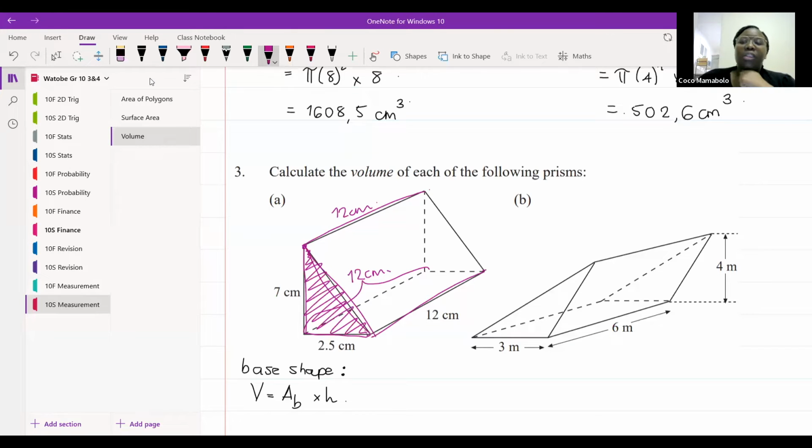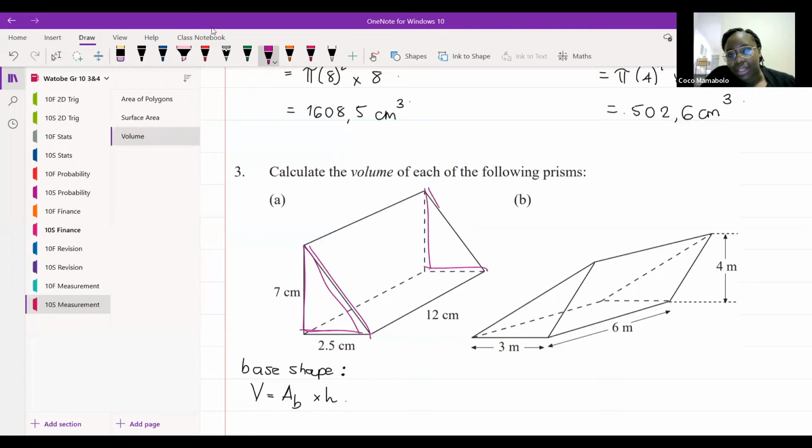Okay, beautiful, 100% accurate. So we always need to use the thing that's going to give us the same height on every side. That is our base, the shape that gives us the same height on every side. The easiest way to spot this shape is if there's that shape on one side, and that shape is also on the other side of my prism.